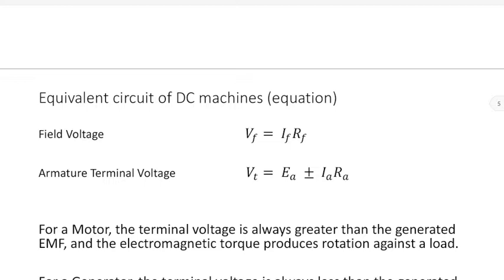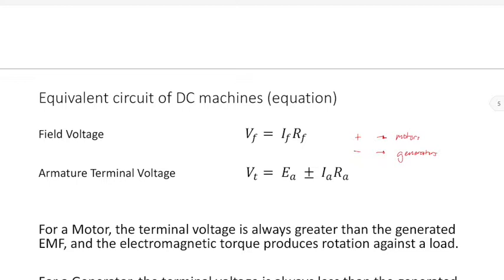The difference between a generator and a motor, class, is that the plus sign will be for motors, and the negative sign will be for generators.